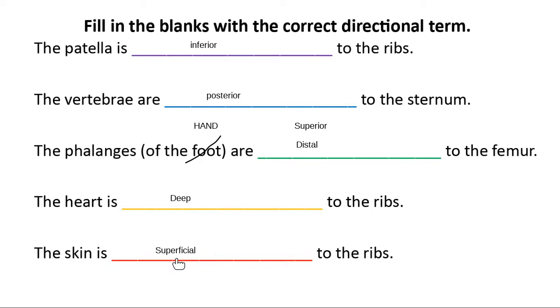So the skin is always going to be superficial to things or other things. Anything that we compare to the skin is always going to be deep. So wink, wink, nudge, nudge. When we're thinking about the skin that surrounds your entire body, superficial and deep. That's the words we use for that.